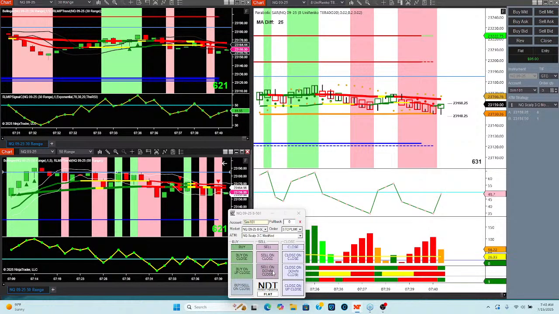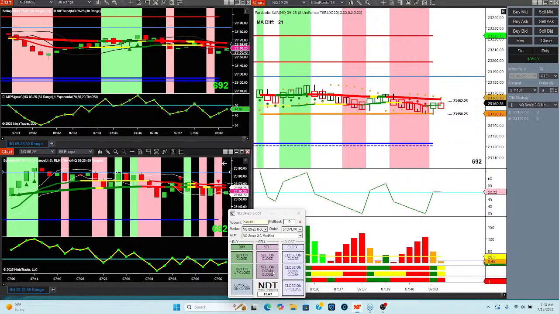I'm dealing with my VWAP. That's the orange line here. I know it's a little bit different for you, Mike. Yours is a little different setting.